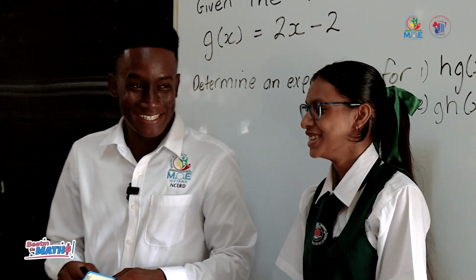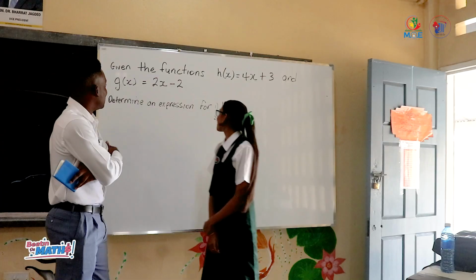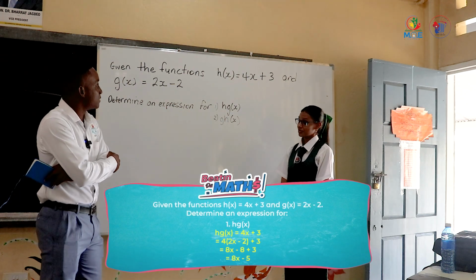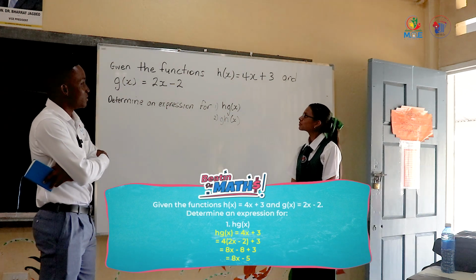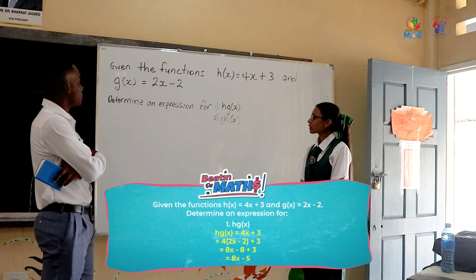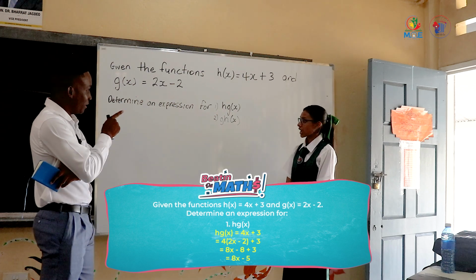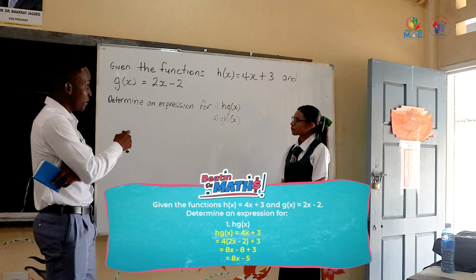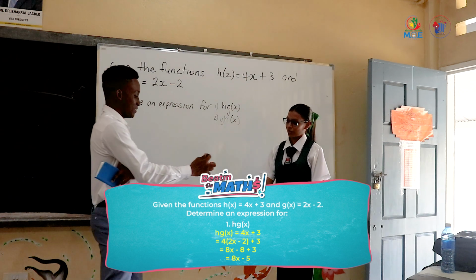Alright, so we have your question. Given a function h of x equals 4x plus 3 and g of x equals 2x minus 2, find hg of x, a composite function. Determine an expression for hg of x.